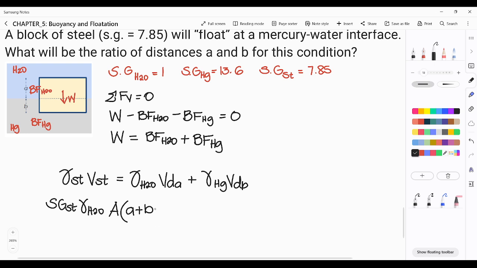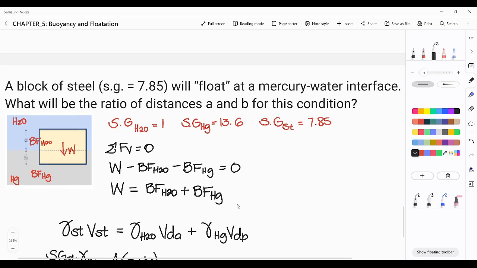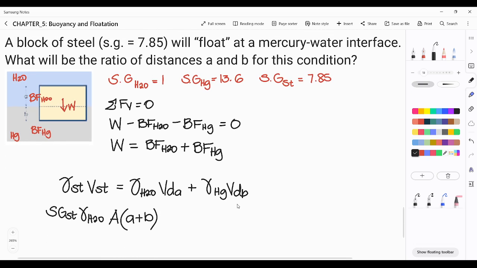Since we have here a block and hindi natin alam yung lengths niya, but we are given A plus B, kailangan lang natin i-multiply si area para maging unit siya ng volume. We are not given any value for area, so let's just write the capital letter A.